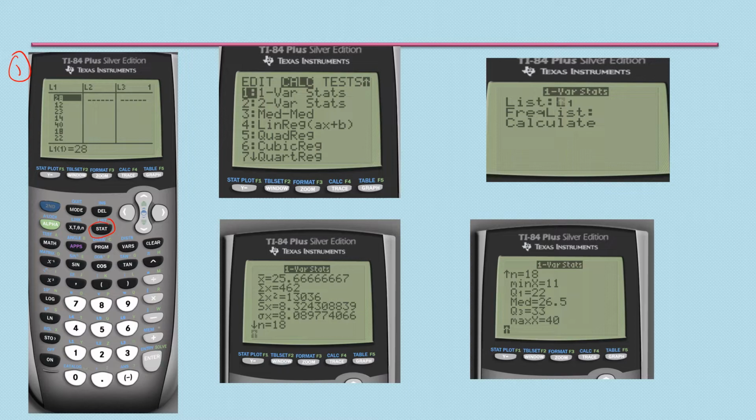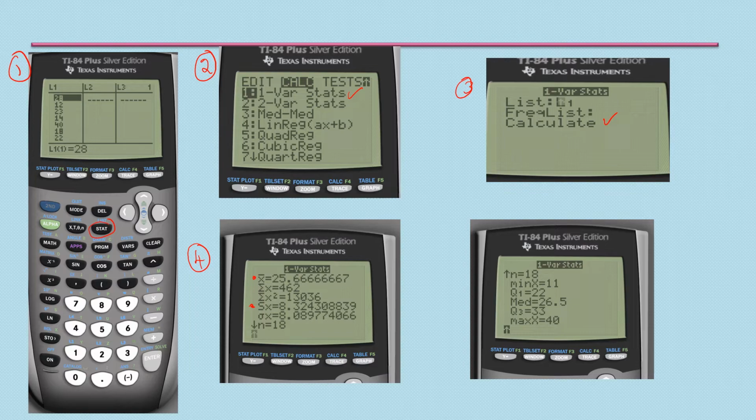Then select STAT, CALC this time and pick 1-Var Stats. Your calculator will give you this set of values. X bar, which is your mean, Sx, that's your standard deviation.